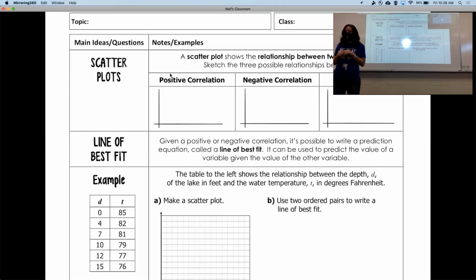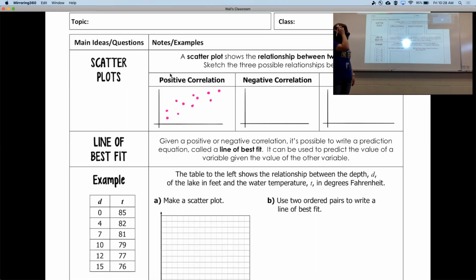First up, scatterplots allow us to show the relationship between two variables. We're going to see one of three things happen when we look at variables graphed on a scatterplot. We will either see data that goes like this and forms what is called a positive correlation, so the data points are trending upwards.